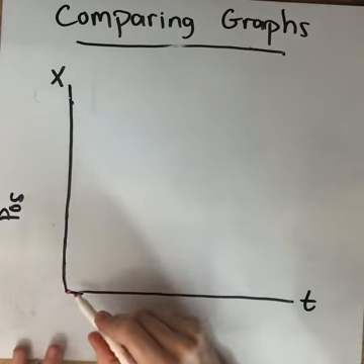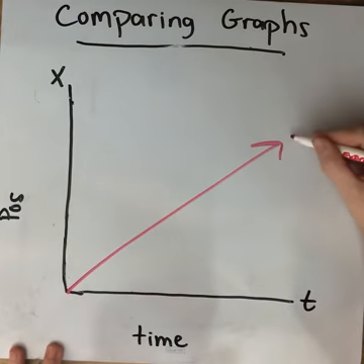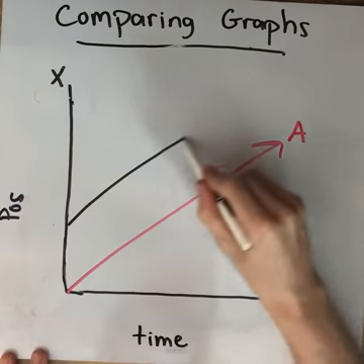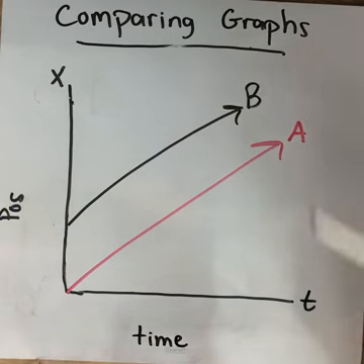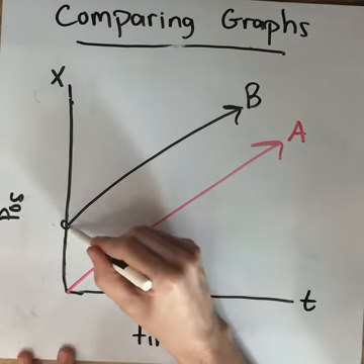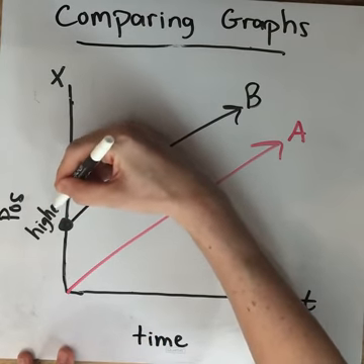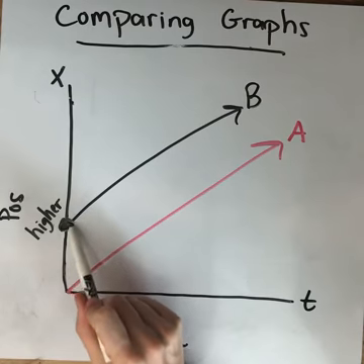Let's say that this is object A and this is object B. What makes these graphs different is that B started up higher on the axis. Notice it has a y-intercept.